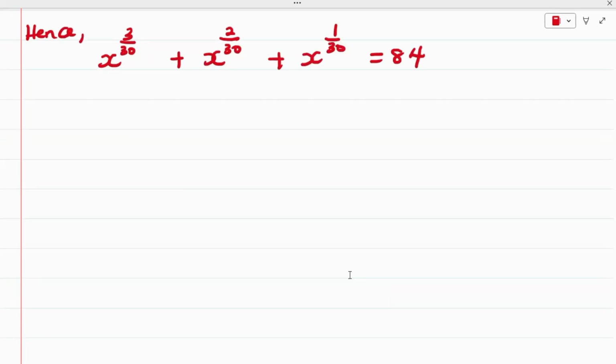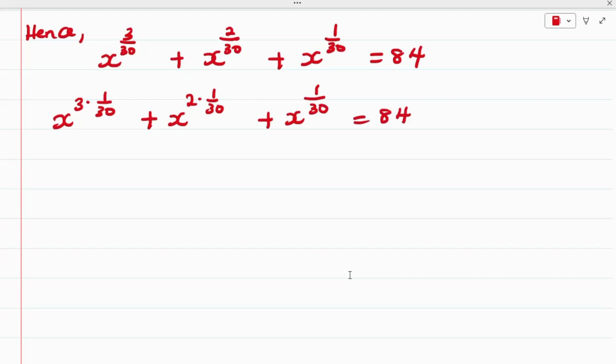Alright, so at this very moment, we want to simply solve this right here. Now we know that x raised to 3 over 30 can be expressed as x raised to 3 multiplied by 1 over 30, plus x raised to the power of 2 multiplied by 1 over 30, plus x raised to the power of 1 over 30, and this is equal to 84.